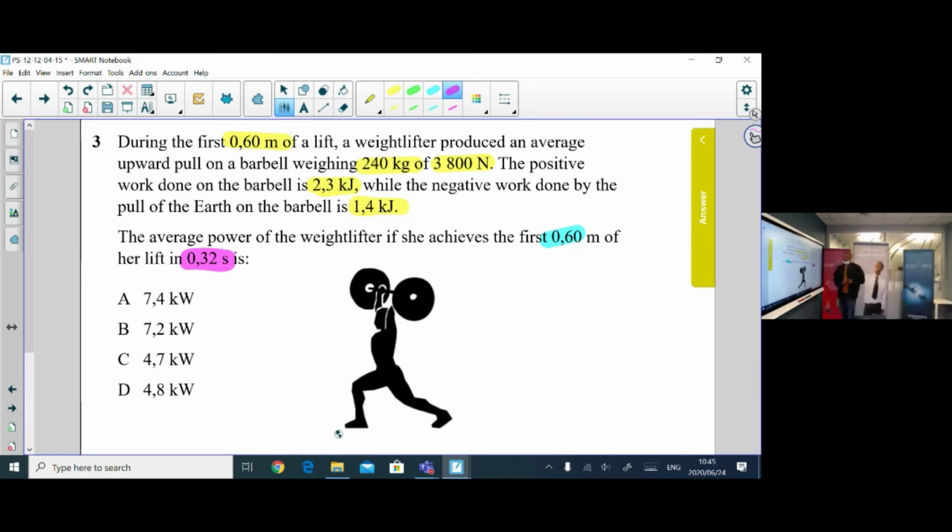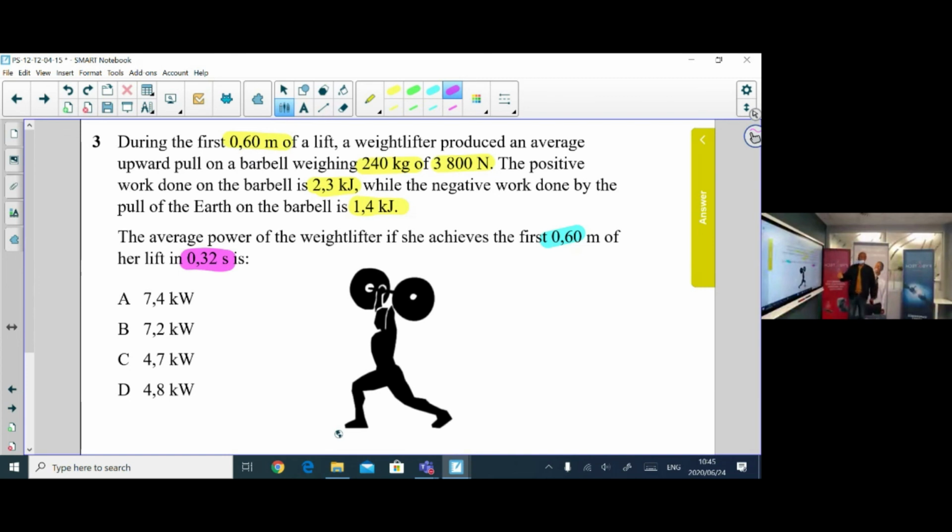Because of time, you have to go back to the formula of power, which is P is equal to W over T. We all know that W there is equal to F times distance over time.